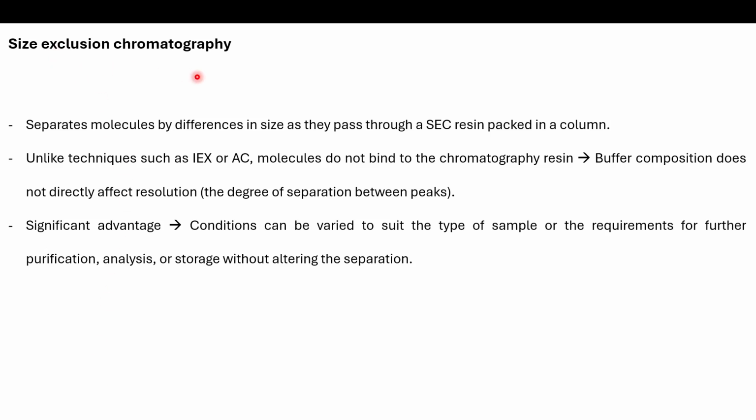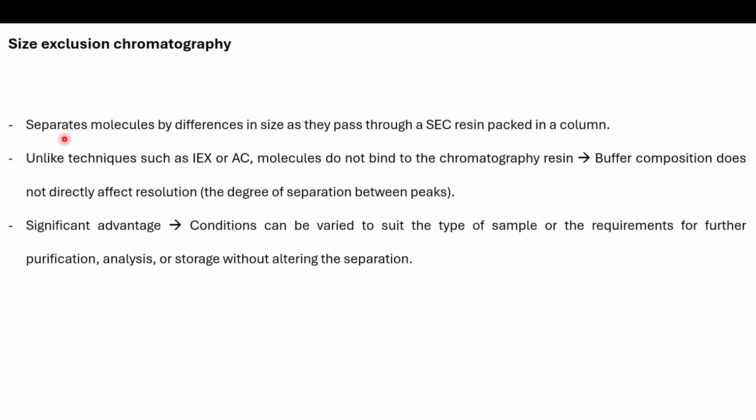So in size exclusion chromatography, what happens is, size exclusion chromatography is also known as gel filtration or gel permeation chromatography. The abbreviated form is mostly used in regular usage, either SEC or gel filtration.